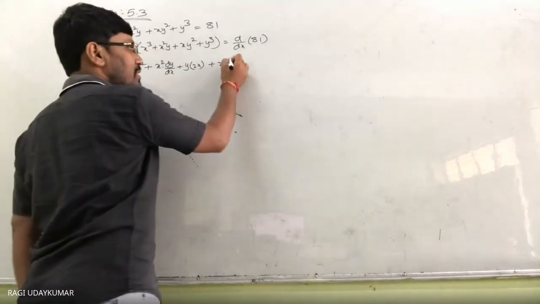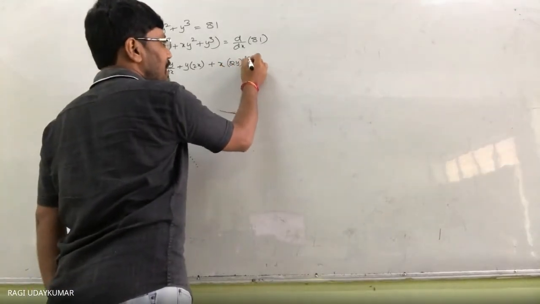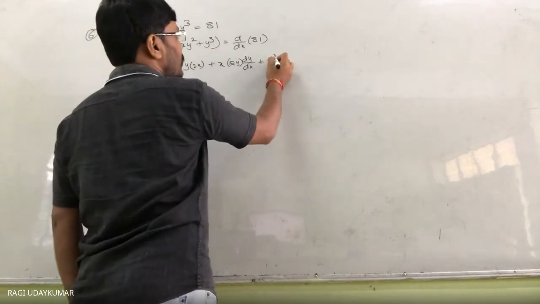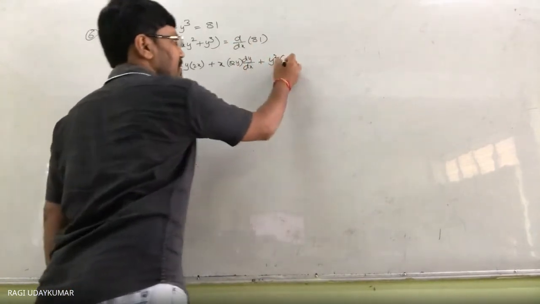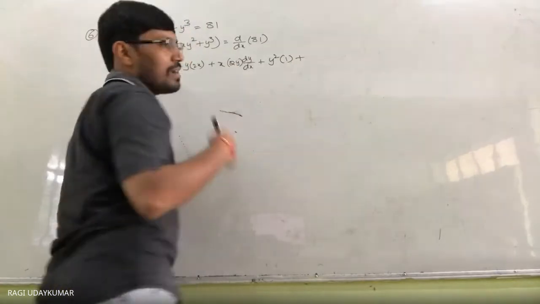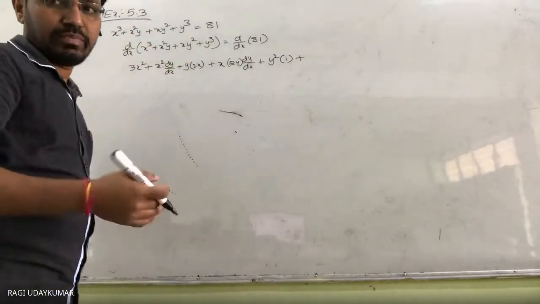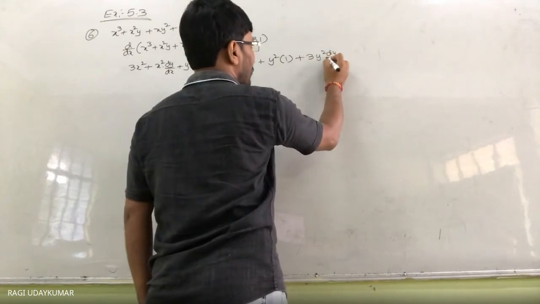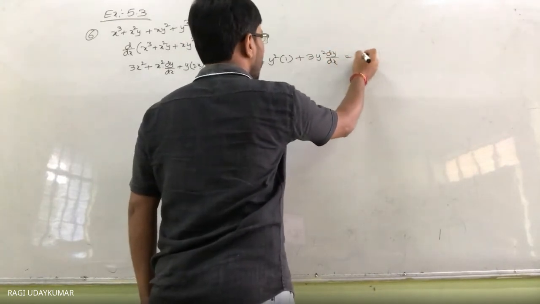Derivative of y square is 2y dy by dx, plus y square into derivative of x, 1, plus derivative of y cube with respect to x, that is 3y square dy by dx, is equal to 0.